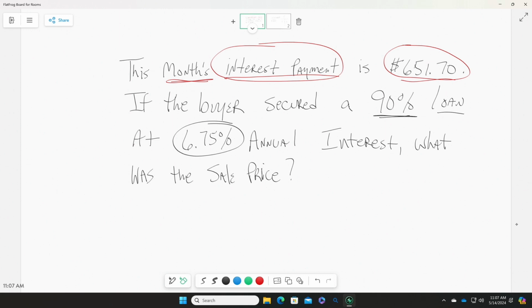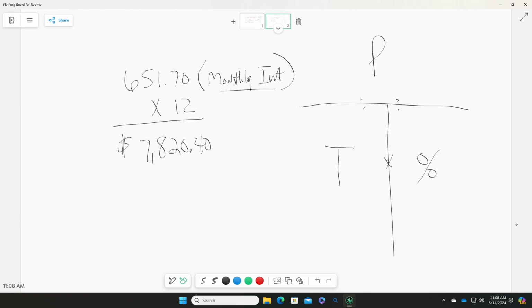Well, that's the loan. They got a 90% loan. And so we're going to use this, but right now we're trying to deal with, well, what was the actual loan amount? And so if we know the monthly interest and we know the interest rate, we can plug all that in and we can figure it out.